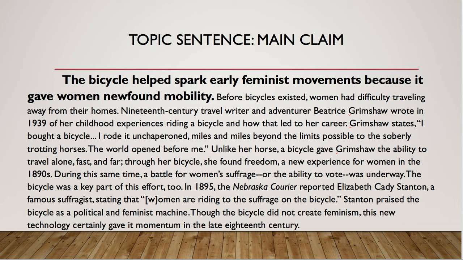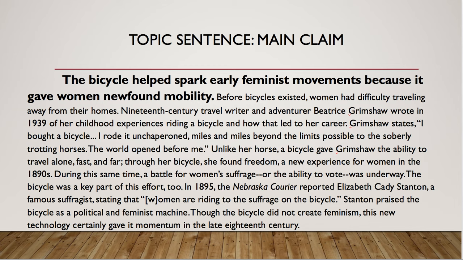Okay, great. Let's chat about the structure of this paragraph first. The first sentence of this paragraph, of course, is my topic sentence. This is where I make my main claim, and I use the rest of my paragraph to support and connect to that claim. My claim here states that, quote, "The bicycle helped spark early feminist movements because it gave women newfound mobility."